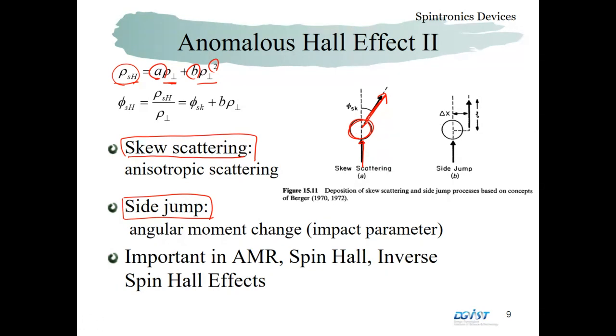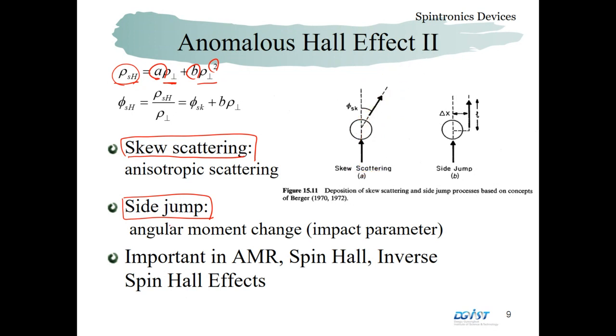Without any symmetry breaking, the scattering angle must be symmetric, something like this. But because of this magnetic impurity, they prefer such scattering directions. So the overall scattering breaks the symmetry, and we have more electrons in these directions. That's called skew scattering.